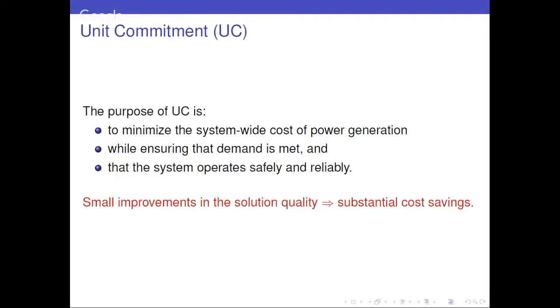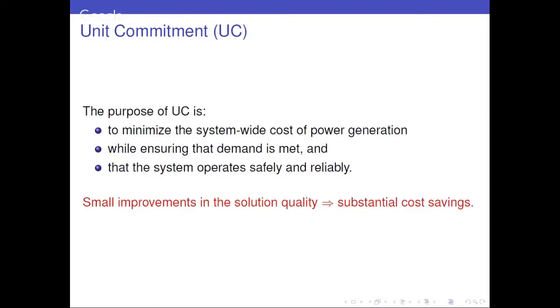So here we're talking about the various operating constraints and reserve. This problem is very important in practice because even if you make a very small improvement in the solution quality, this is being solved every day. So your very small improvement translates into a lot of money very quickly, because this is being done repeatedly.